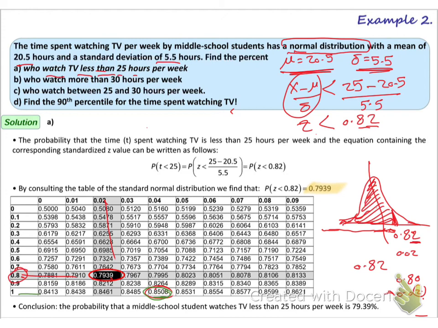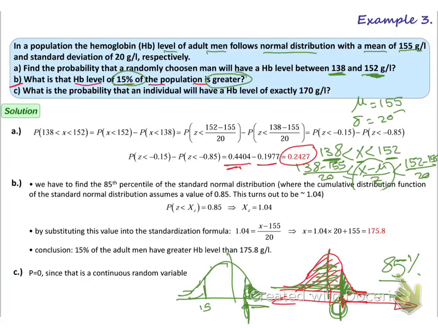So this one is 1. And what is the hundredth? 104. So it is 1.04. So Z equals 1.04. If I go to my question again, Z equals 1.04. I have Z equals X minus mu divided by sigma, the same thing which I'm saying every time.